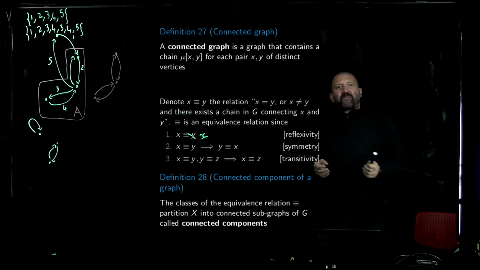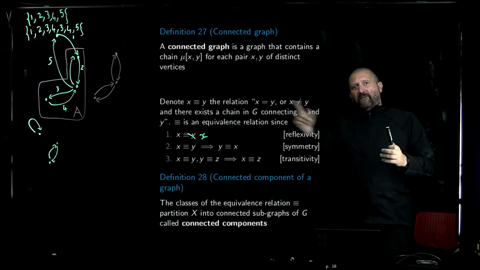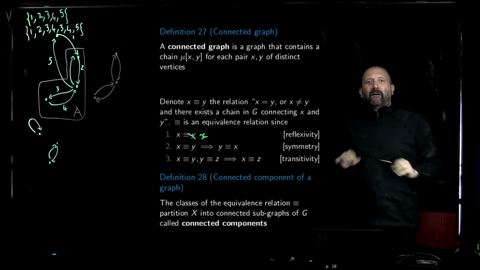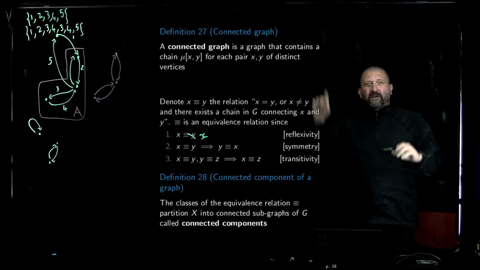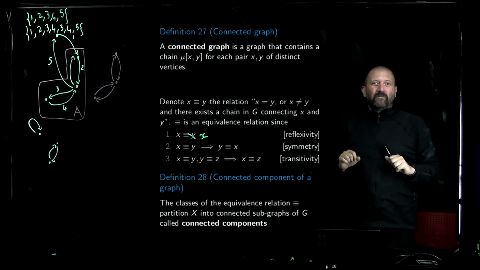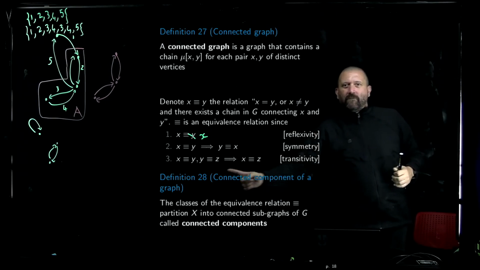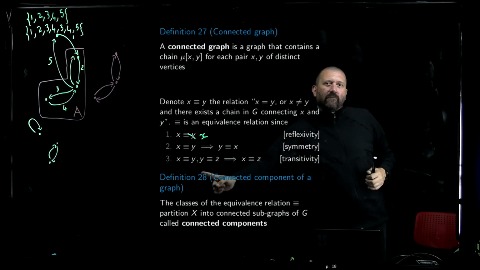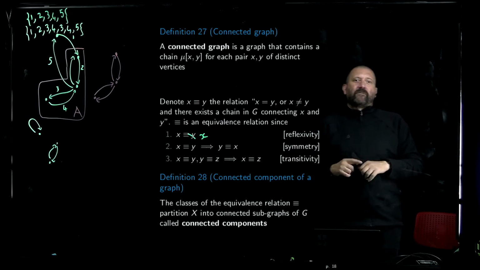And the last one is transitivity. That means if two pairs are in relation to one another, then the ones that we have not assumed are in relation to one another as well. So if x is equivalent to y and y is equivalent to z, then x is equivalent to z.